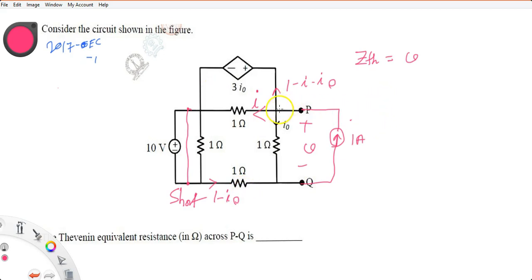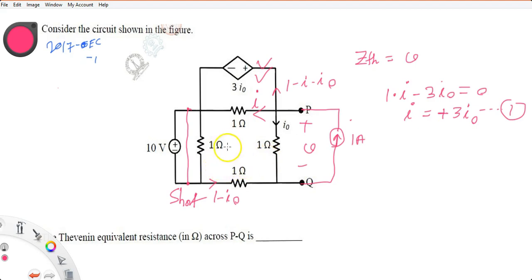Apply the appropriate KVL. First of all, I will apply the KVL in this loop. The KVL gives 1 ohm into I minus 3I0 equal to 0, so I equal to 3I0.